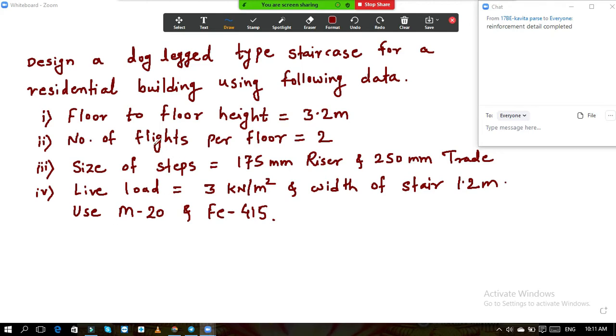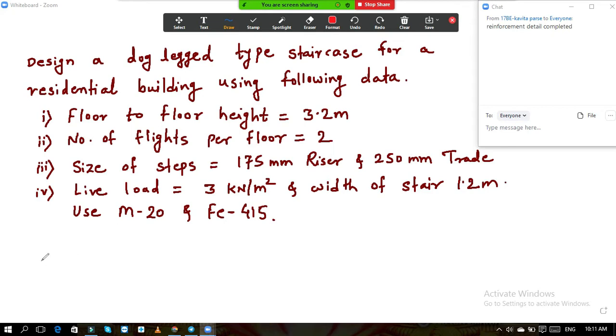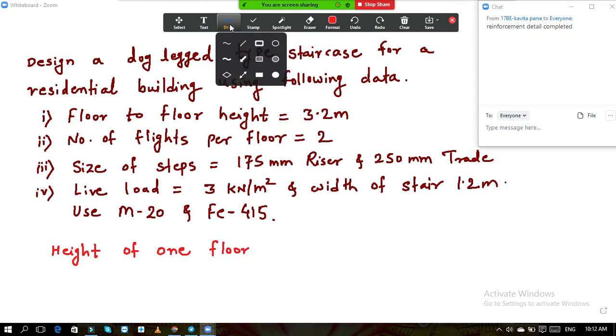So as we know now, the floor to floor height is 3.2 meter. It is given already. So we will calculate first the height of one flight rather than telling it as one floor.